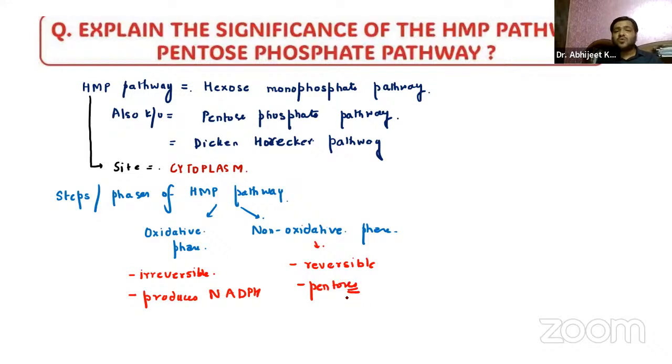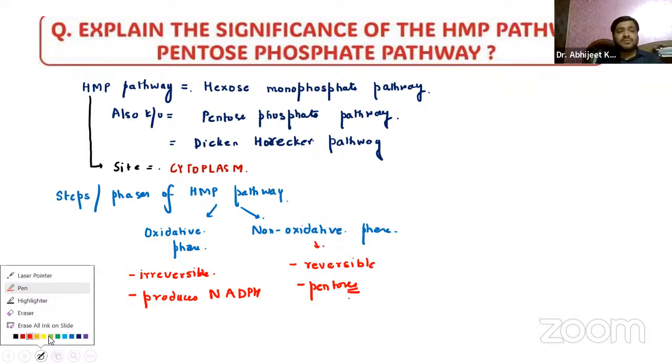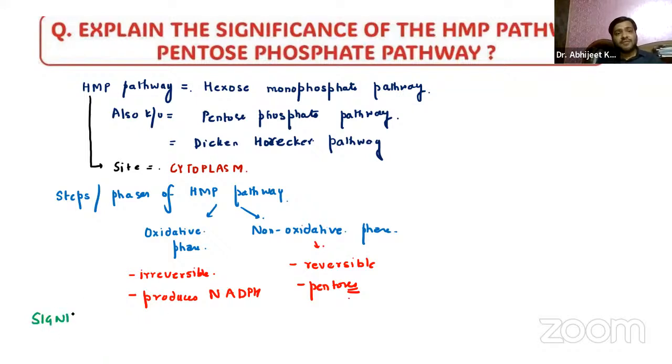Now, when I say significance, it is very, very important. In one line, NADPH is used for various purposes. It is used for biosynthesis of fatty acids; I will be discussing it in detail.